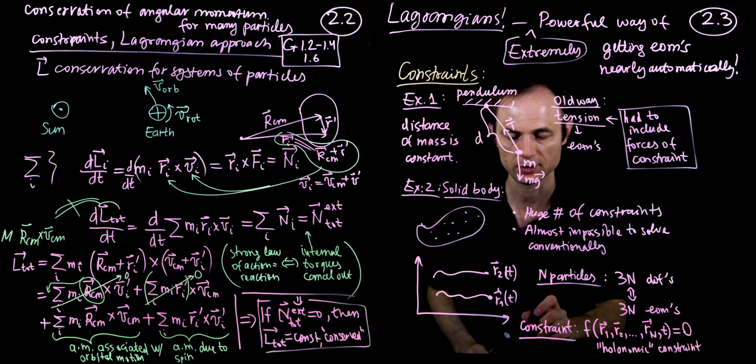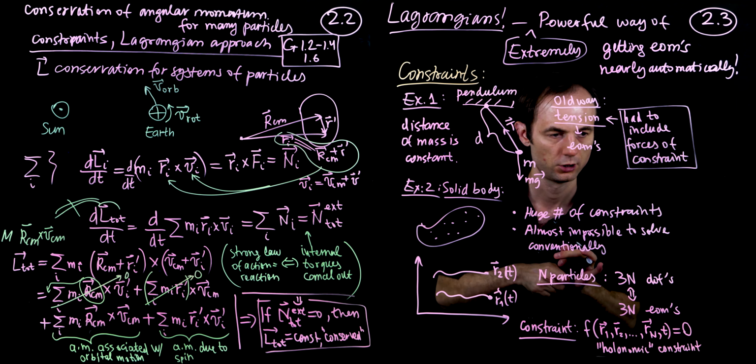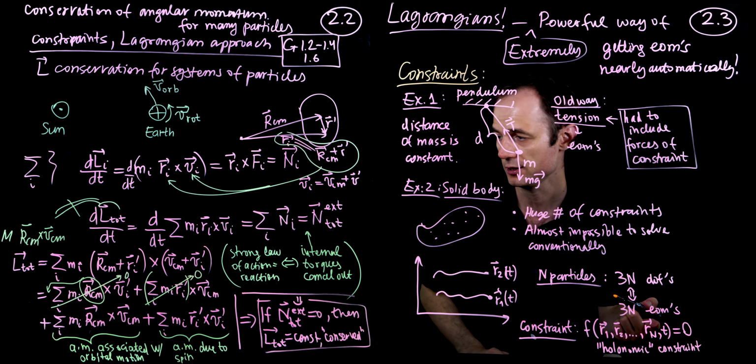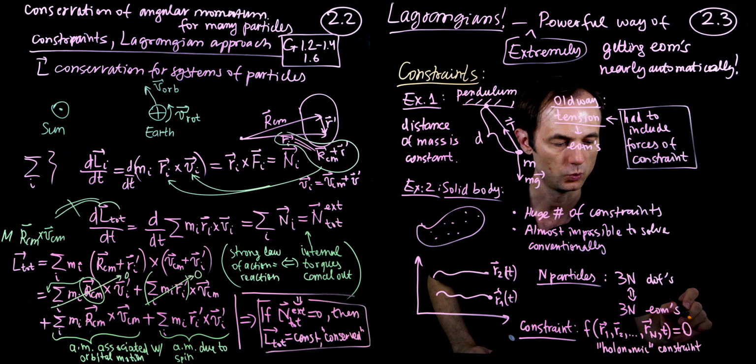If the constraint doesn't have the time dependence, then it would be scleronomic.